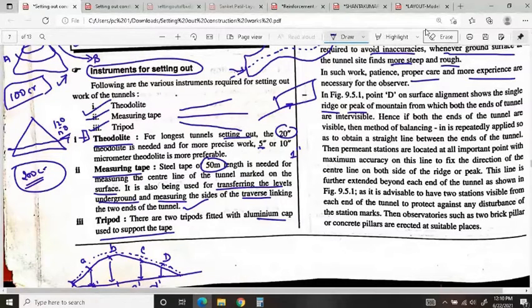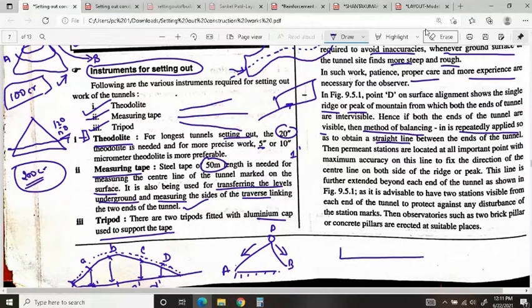If the two points are intervisible, we have two types of ranging, that is direct ranging method and indirect ranging method. Here also, this is point A, this is point B, this is your hill. From this point, both the ends are visible. Then the method of balancing in is repeatedly applied so as to obtain the straight line.